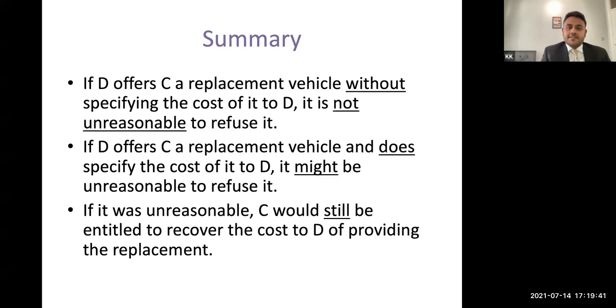Where a defendant offers the claimant a replacement vehicle and does specify the cost of it to the defendant, it might still be unreasonable to refuse it. And if it was unreasonable, the claimant would still be entitled to recover the cost to the defendant of providing the replacement vehicle. As we covered in earlier ground, that is a somewhat controversial position, but that is the position.